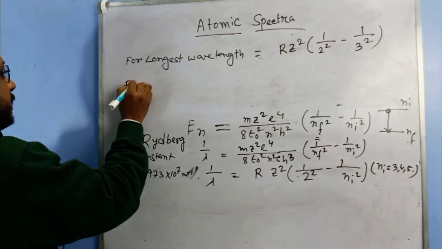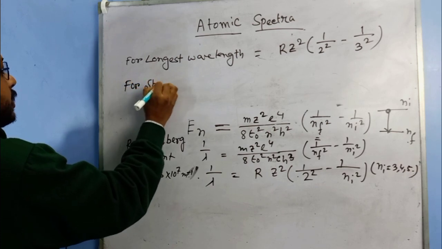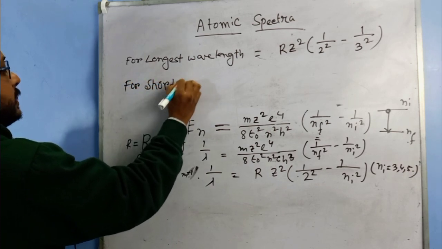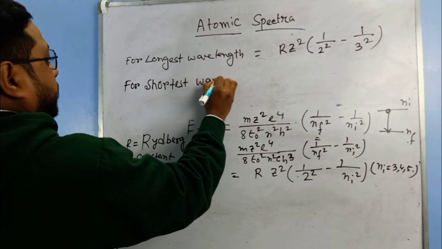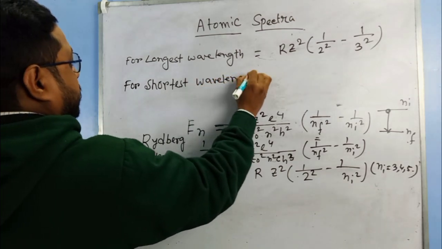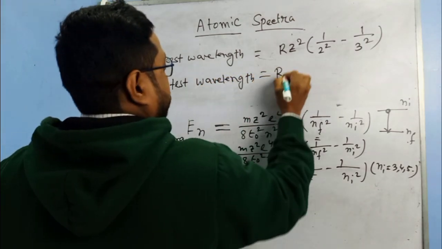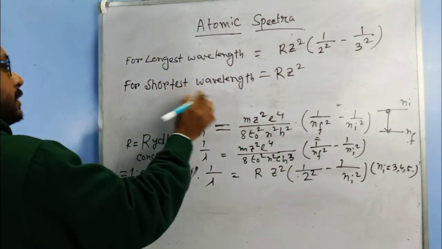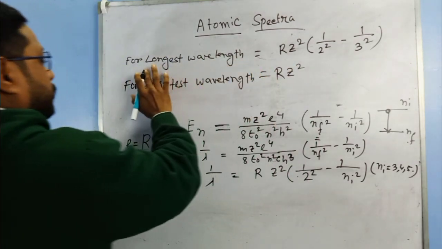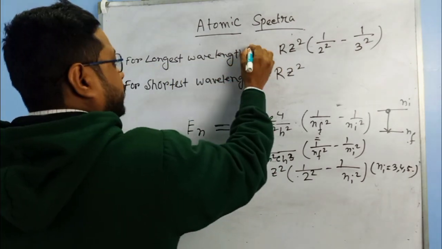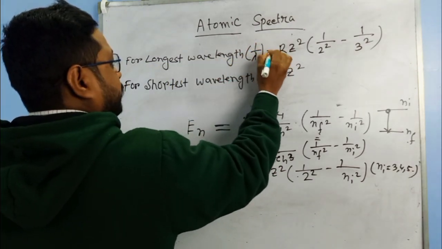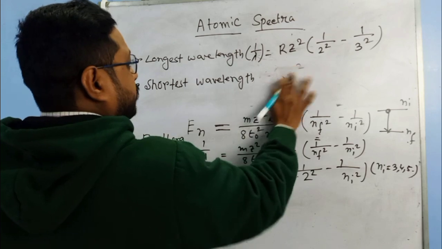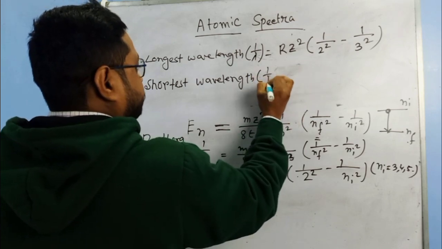For the shortest wavelength, R z square. Okay, for the longest wavelength, this is not the wavelength but the inverse of wavelength, that is 1 by lambda. This value is not lambda but 1 by lambda.